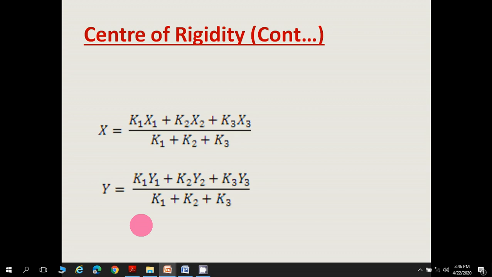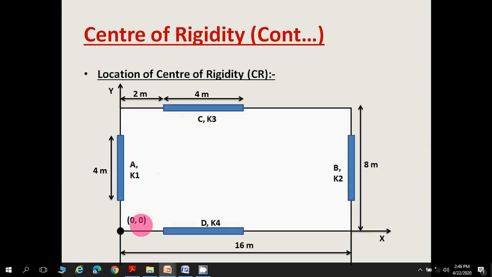Similarly, y1, y2, y3 are the centers of stiffness of the particular walls in the y direction. K1, K2, K3, K4 are also given in the question, and we need to find out the center of stiffness of the particular walls in the x direction and in the y direction.